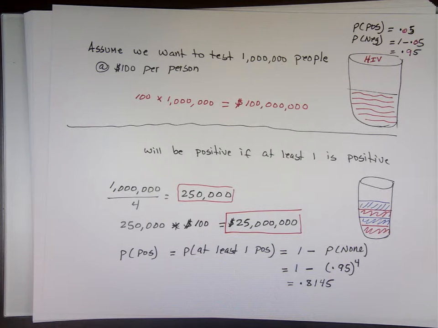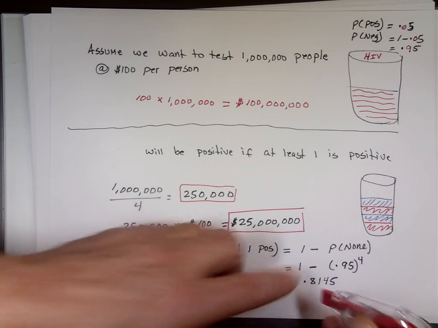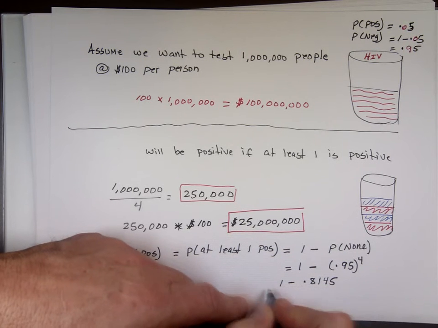One minus that number, is that the 0.8145 or just that number? You do 1 minus. 1 minus is 0.1855.